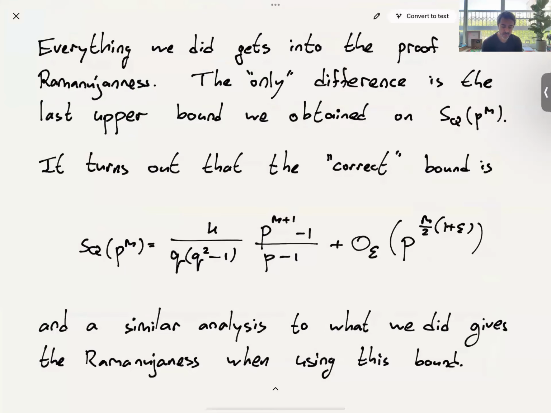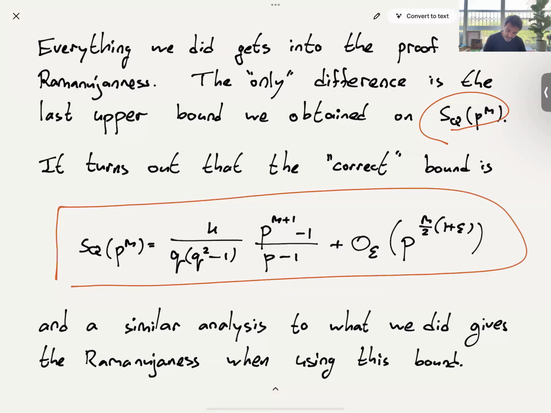So actually, everything we did is used, except for, as I said, the last step in which we gave an upper bound on S_QPM. And you saw this upper bound was done kind of by hand, and it's clear that it's not tight. It turns out that the correct bound, and I'm copying it from the book and haven't checked, is this thing.